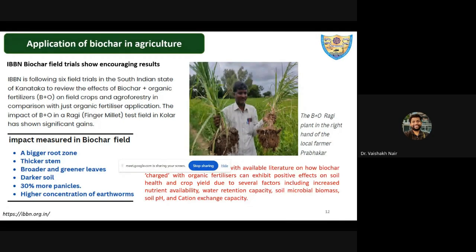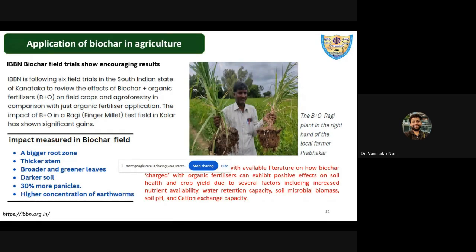So you'll see that they have used a mixture of biochar and organic fertilizer on field crops, specifically for ragi, because Karnataka is very famous for ragi cultivation, and there are different varieties. This is one variety, which is finger millet.